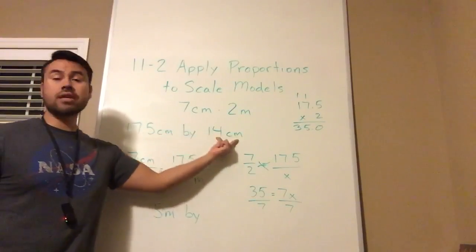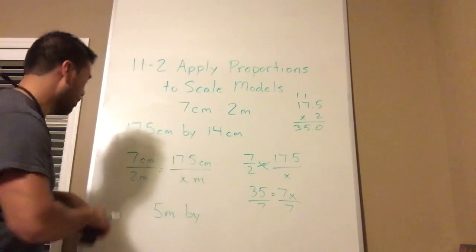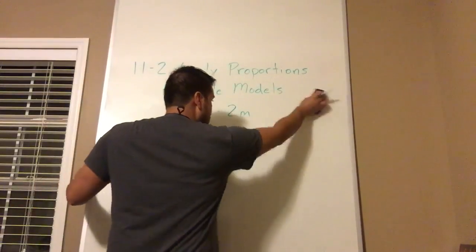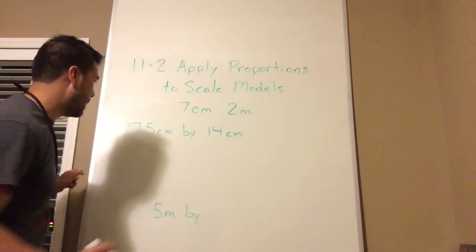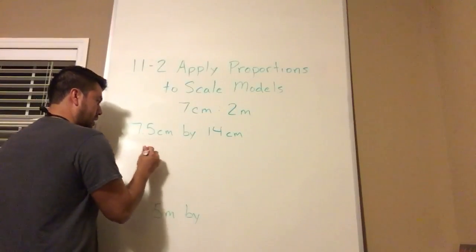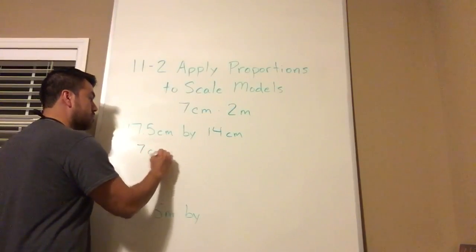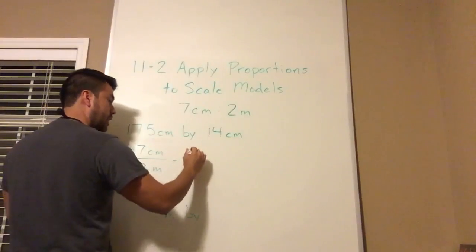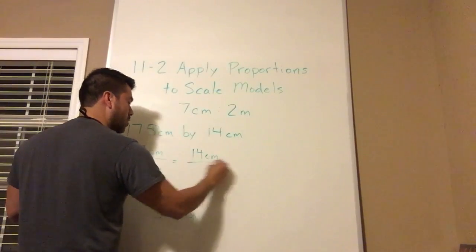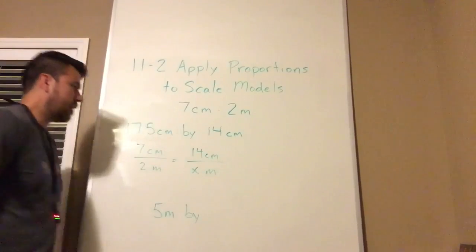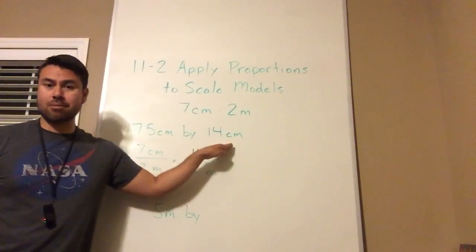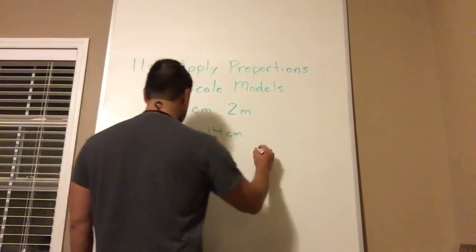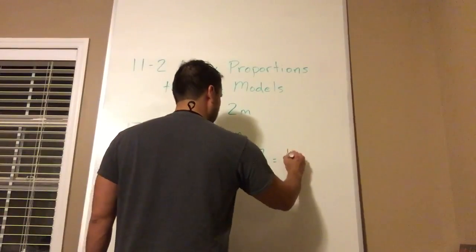Then I have to do it again with this second conversion, so I'm going to do the same process, except this time with the second measurement. And this one's going to be 7 centimeters over 2 meters equals, using that scale again, 14 centimeters over x meters. So I'm trying to convert the second dimension into meters. So really I'm dealing with 7 over 2 equals 14 over x.